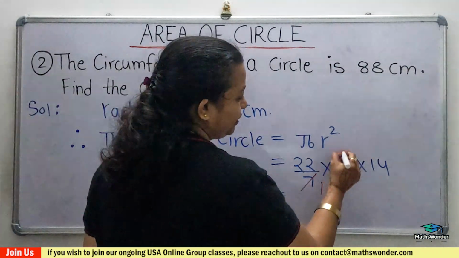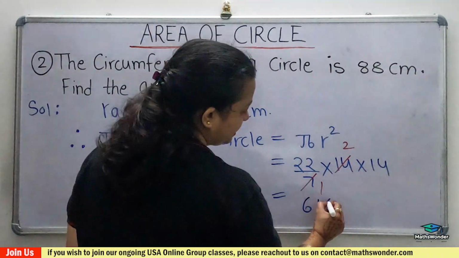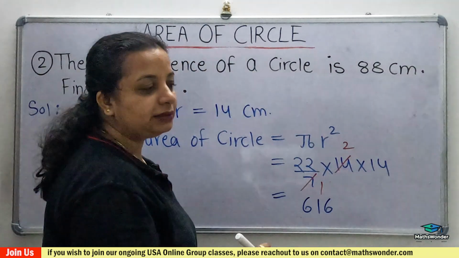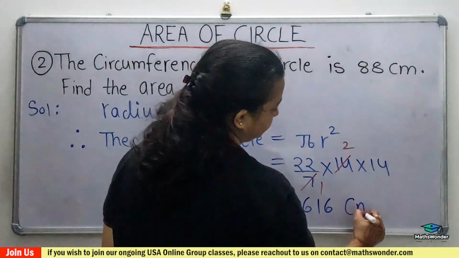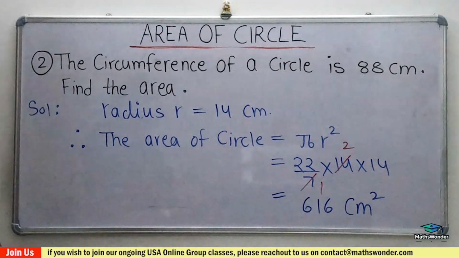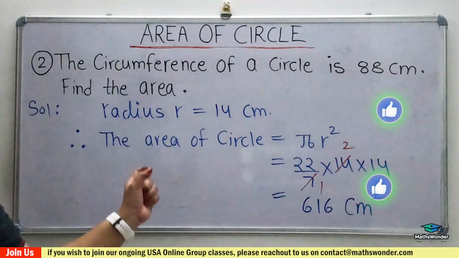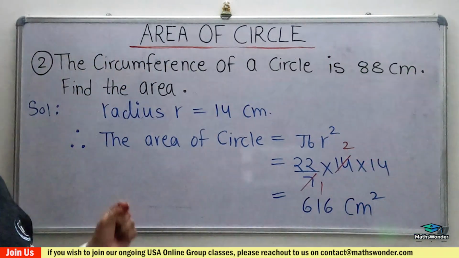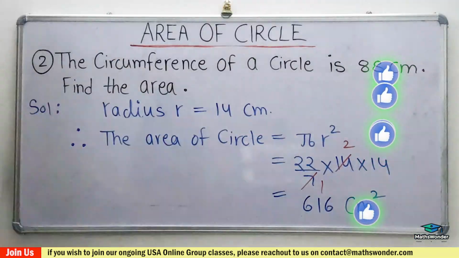So yes, we will reduce like this, and then the final answer is 616. Tell me the unit. Correct. Centimeters square. Because area is always found in square units. So whatever unit is given in a question, you just write it in the square. Centimeter square, meter square, millimeter square, whatever. Always write it in the square unit.